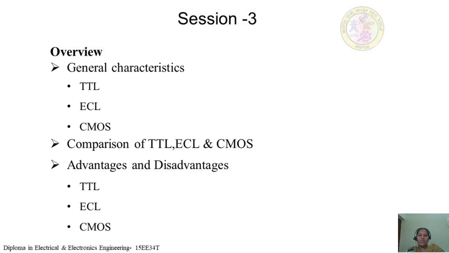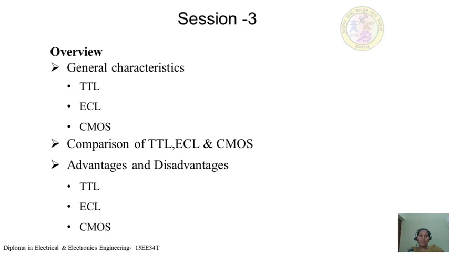Next, we'll see the overall overview of this whole presentation. First, we will see the different types of IC logic families. Next, the general characteristics of TTL, ECL, CMOS. TTL stands for transistor-transistor logic.